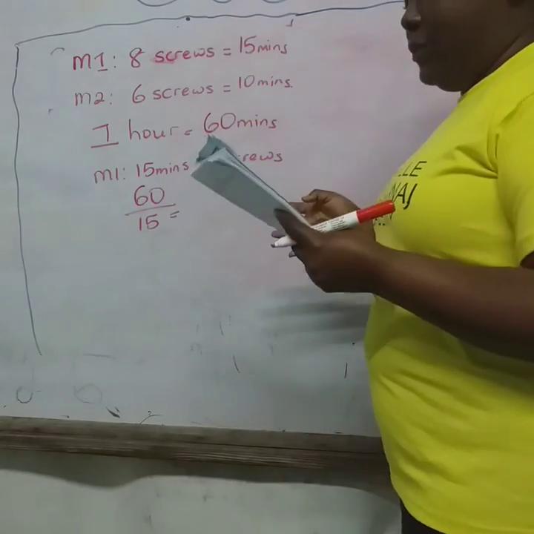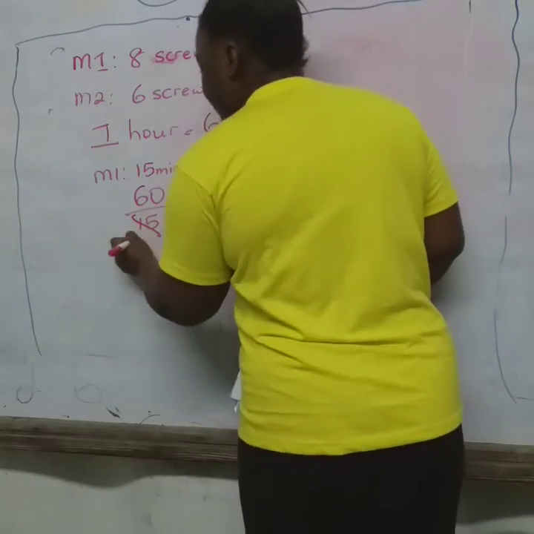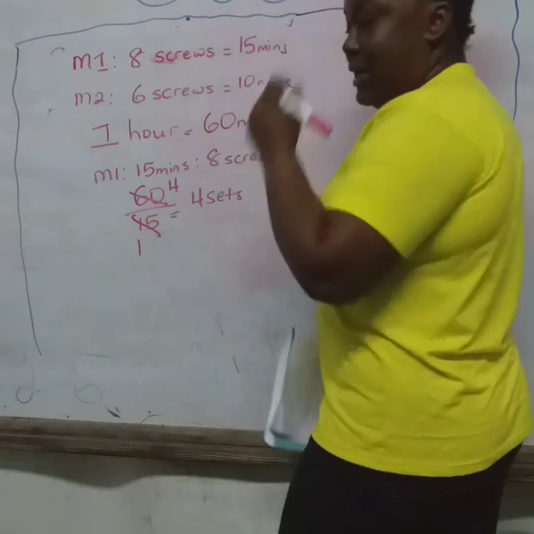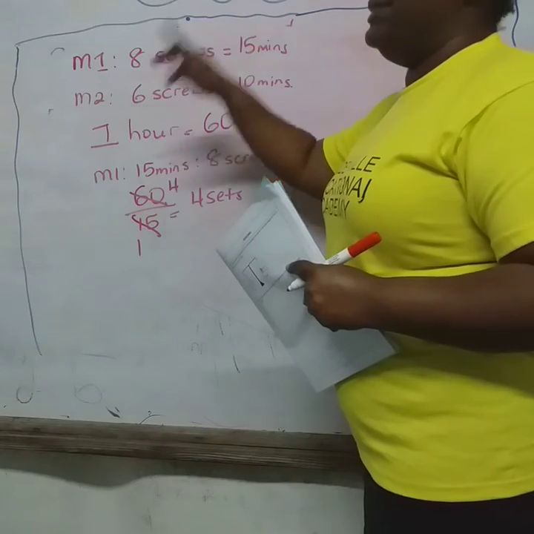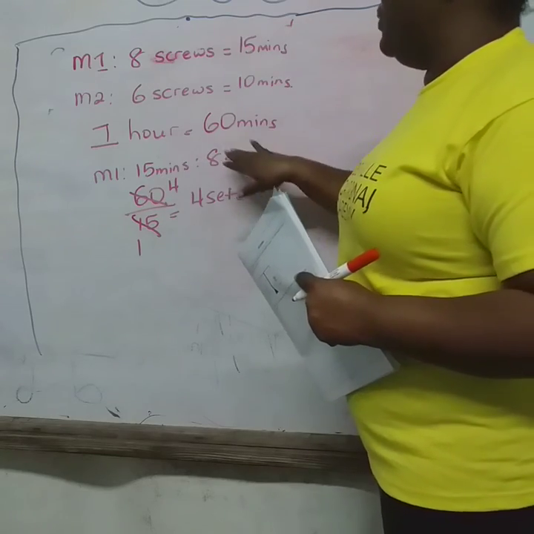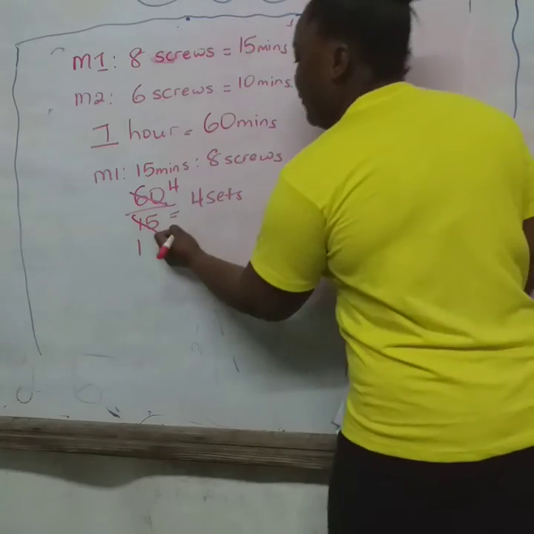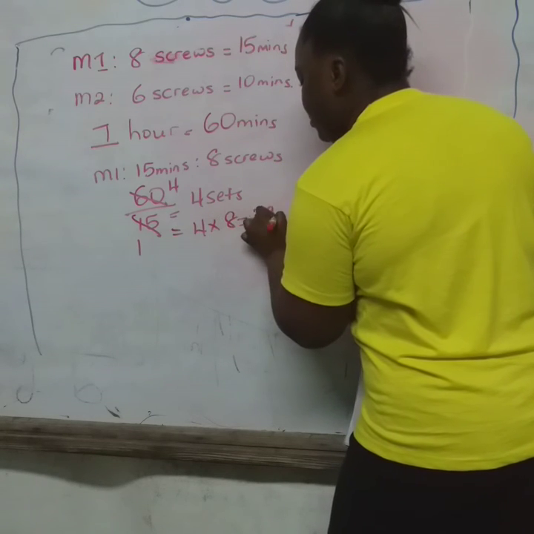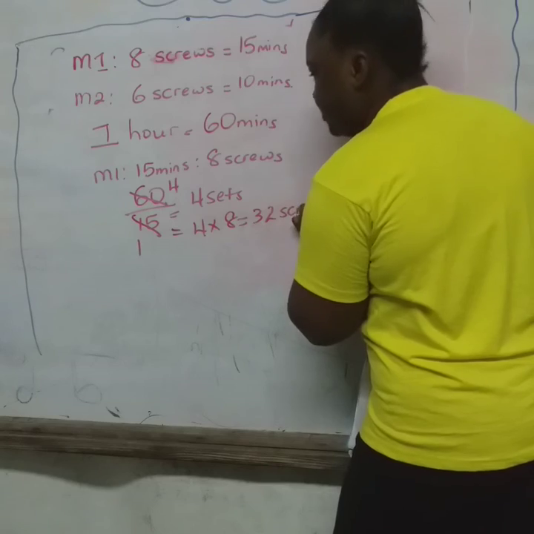And that will be 4 sets. So we get 4 sets of 15 in 60. And every set of 15 you will get 8 screws. So therefore, for machine 1, we'll be able to get 32 screws.